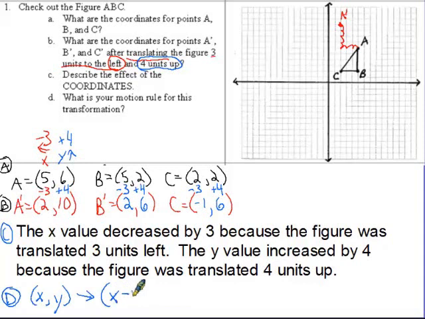Whatever x is, you would subtract 3, because you remember that's what we did here. I subtracted 3 from x here, I subtracted 3 from x. So I was always subtracting 3 from x, and then for the y value, I was always adding 4.